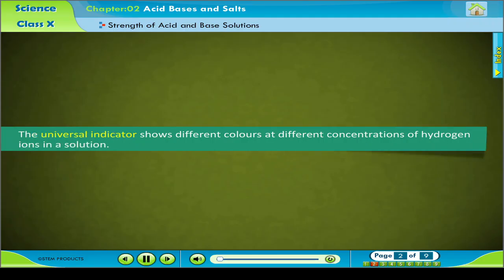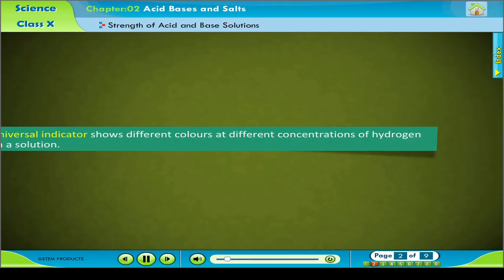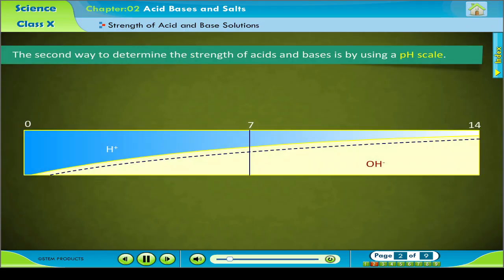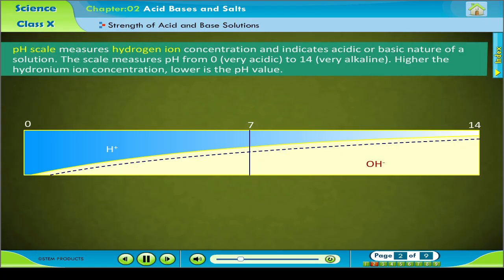The universal indicator shows different colors at different concentrations of hydrogen ions in a solution. The second way to determine the strength of acids and bases is by using a pH scale. The pH scale measures hydrogen ion concentration and indicates the acidic or basic nature of a solution.